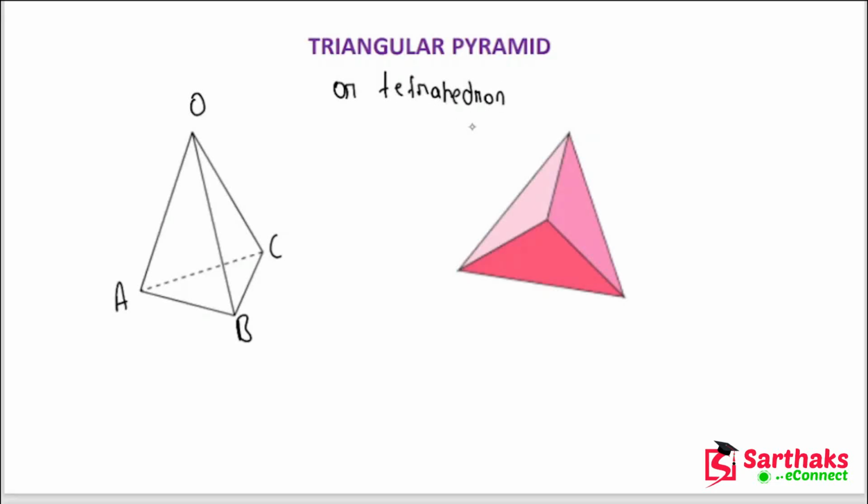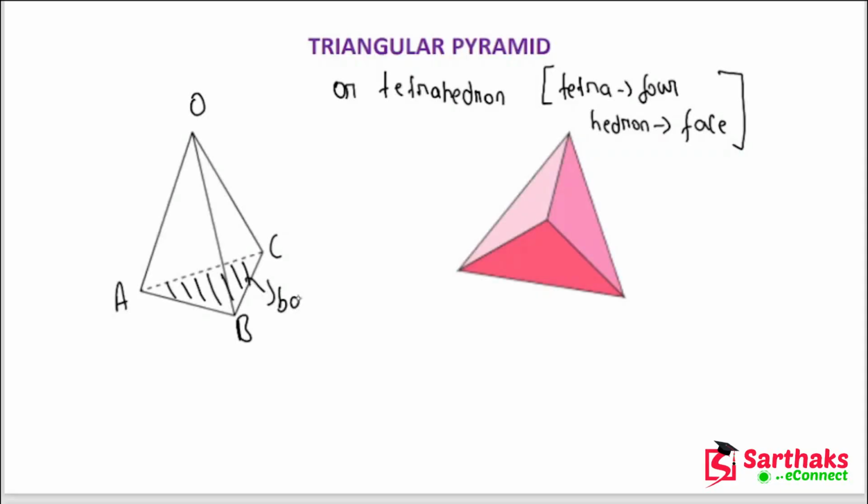Because tetra means 4 and hedron means face. So a figure having 4 triangular faces is basically called a triangular pyramid, or you can also name it a tetrahedron. This is how a triangular pyramid looks, and this ABC would be the base. We have already discussed what height and axis are.